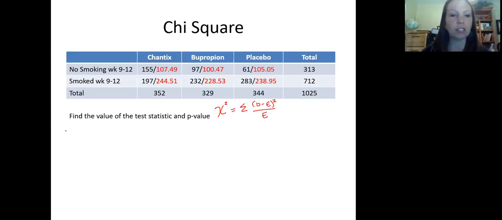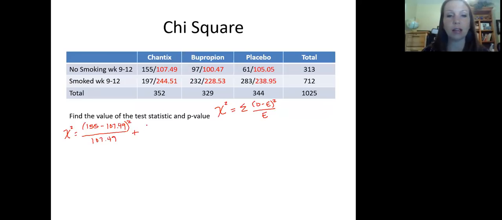Starting with the very first cell, I have the observed count, which was 155, minus the expected count, 107.49, squared and divided by 107.49. So that's it for the first cell.